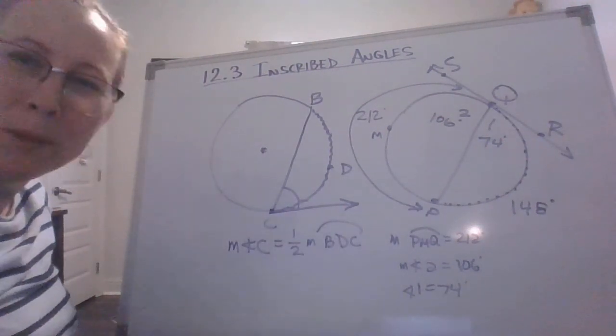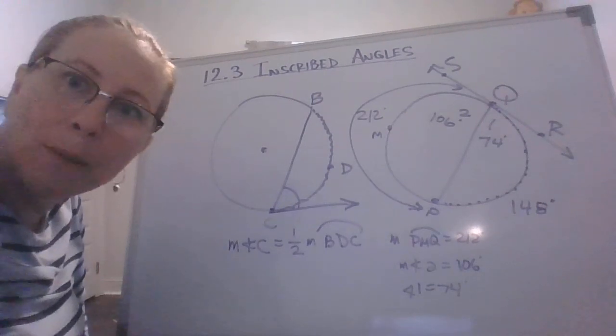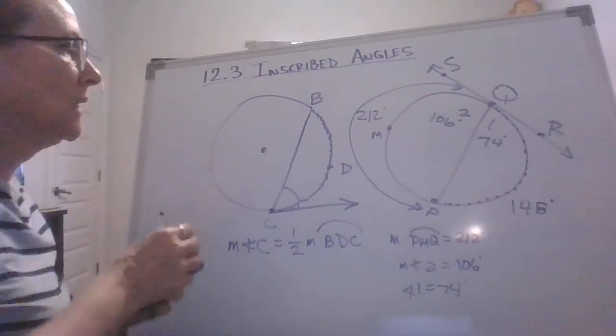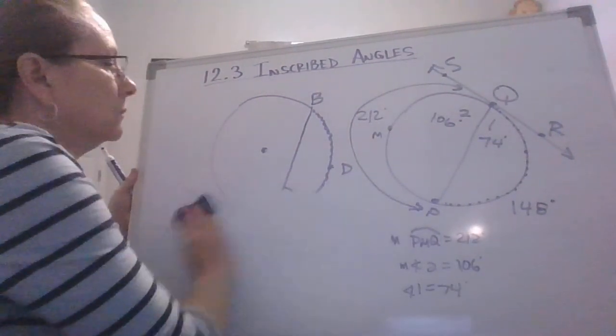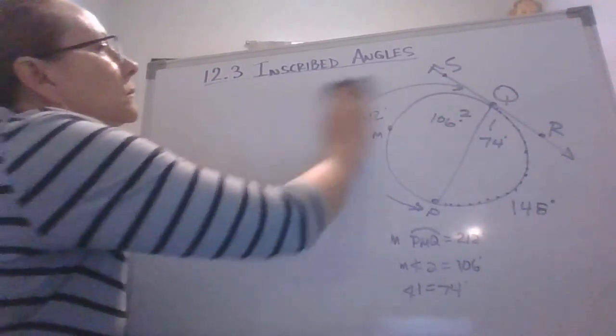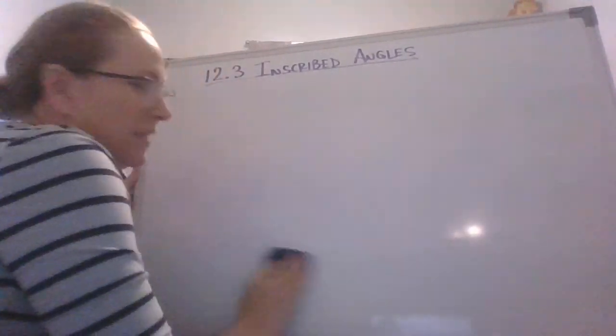All right, let's do one more problem and wrap it up. And I'm going to show you a slightly more complicated problem, just simply because they put a lot more lines in it. And this will be the last one for this section. Let's stick with it.